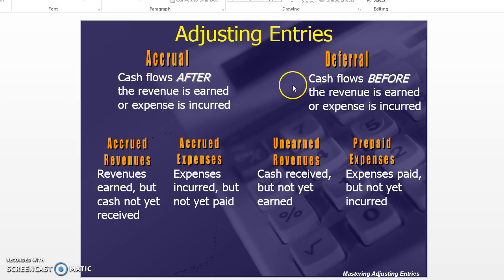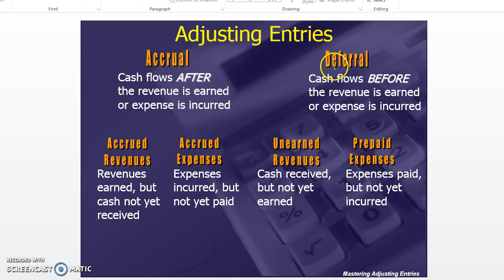We're going to move now to our other broad category of adjusting entries, and that's deferrals. As a reminder, deferrals occur when the cash comes before the revenue is earned or the cash is paid before the expense is incurred.